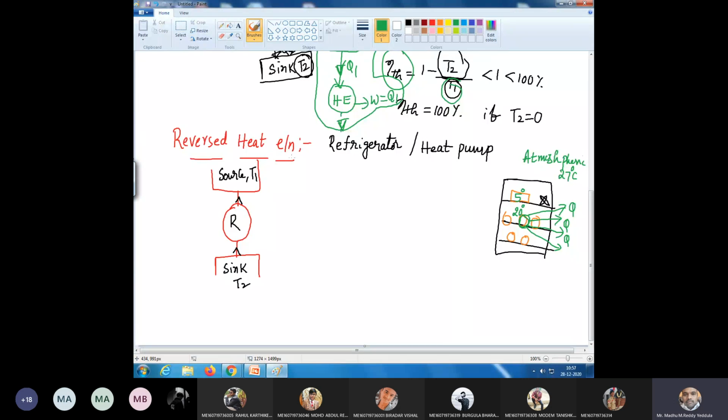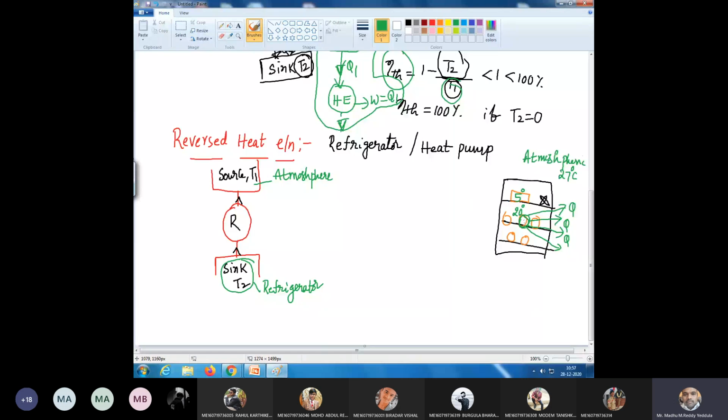Yes, sir. Right. Here the sink is under lower temperature, this is my refrigerator, and the source is under high temperature, this is my atmosphere. Agree? So this is under lower temperature, this is under higher temperature.